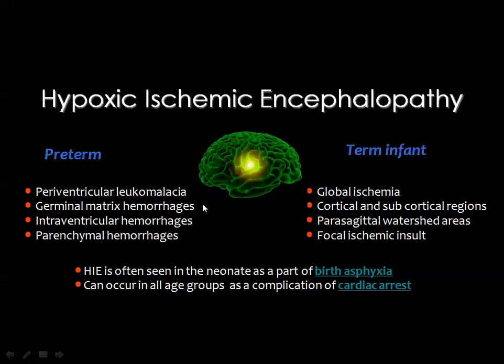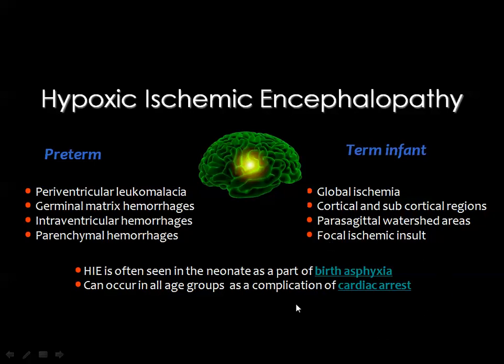In the preterm, we have these abnormalities, including periventricular leukomalacia, the germinal matrix hemorrhage, intraventricular and intracerebral hemorrhage. While in the term infant, we have the global ischemia, the watershed ischemic changes, the infarction similar to the adults, and also the focal ischemic changes.